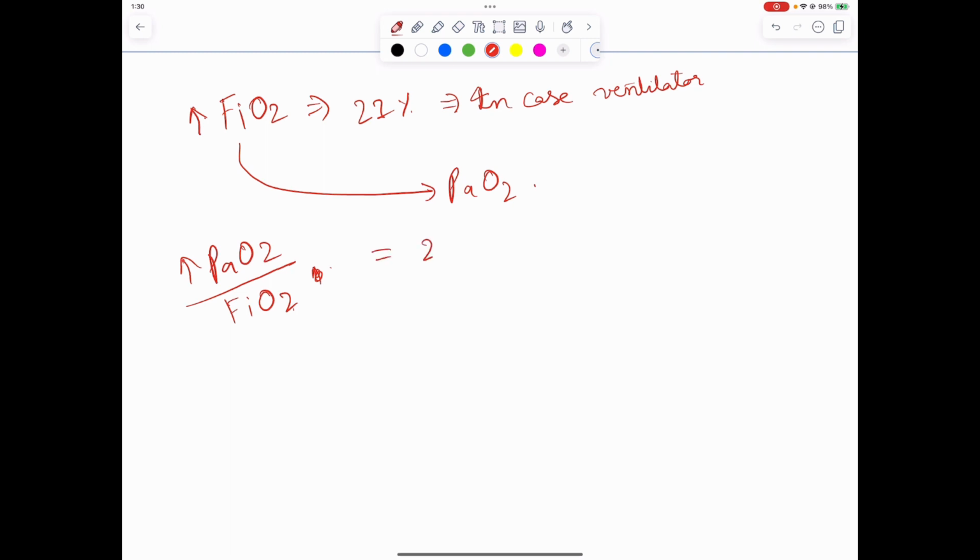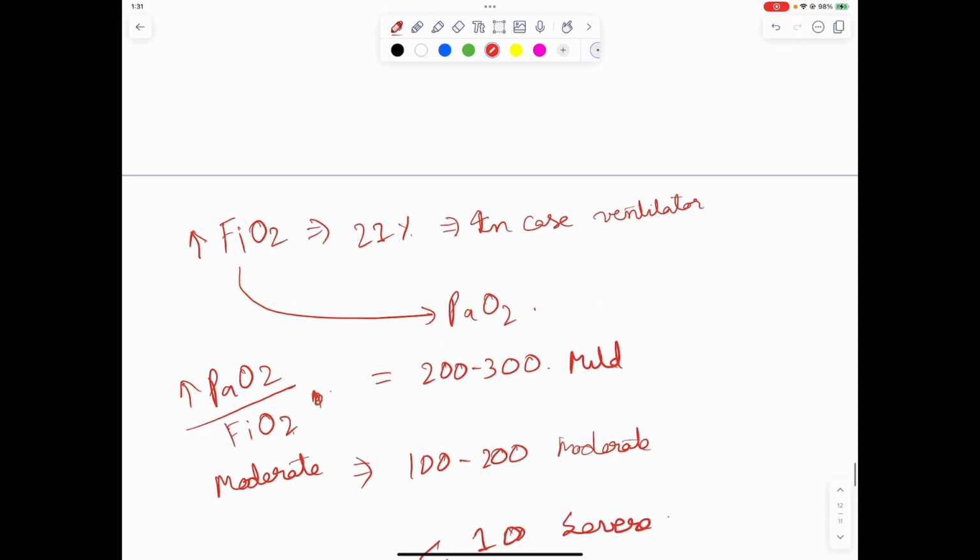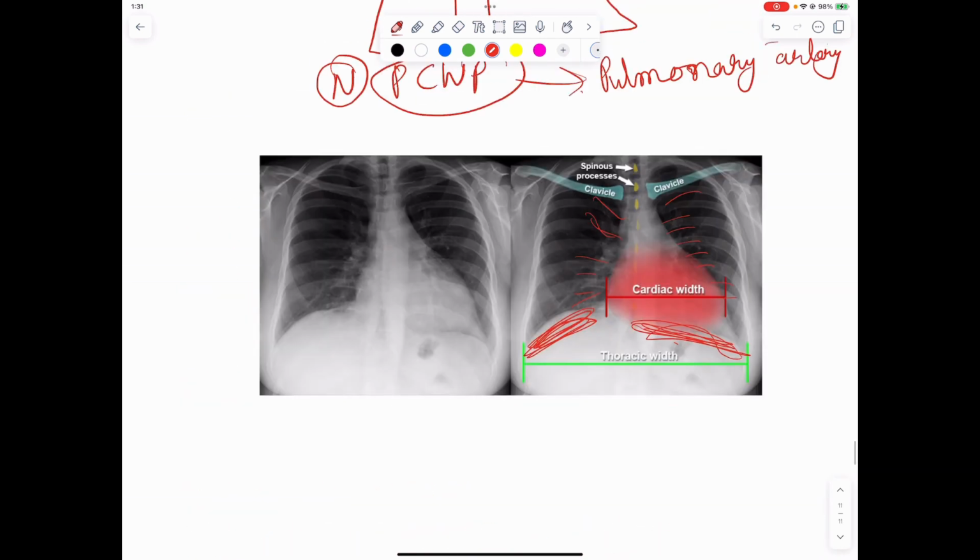Therefore, if it is in the ratio of 200 to 300, then the disease is said to be mild. In moderate, the ratio is 100 to 200, and if it is less than 100, then it is severe. Remember the signs that we see: the bat wing sign, pulmonary edema, cardiomegaly, pleural effusion, Kerley B lines.